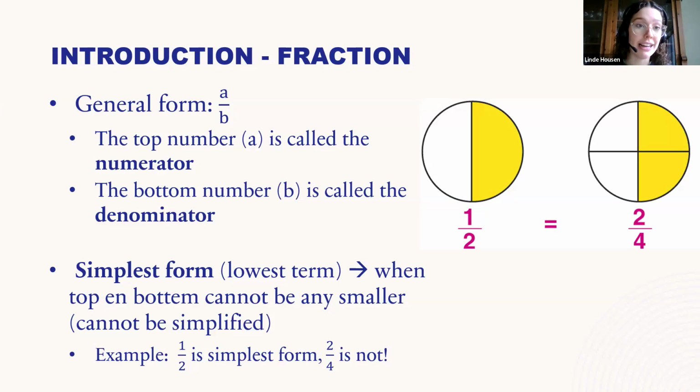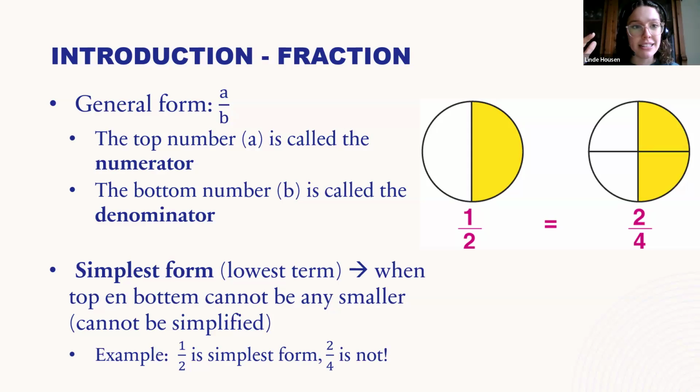The second pie is not divided in two pieces, but in how many pieces? Can anyone tell me? 4, indeed. So the second pie is divided in 4 pieces. And how many pieces have been eaten of the second pie? 2, indeed.